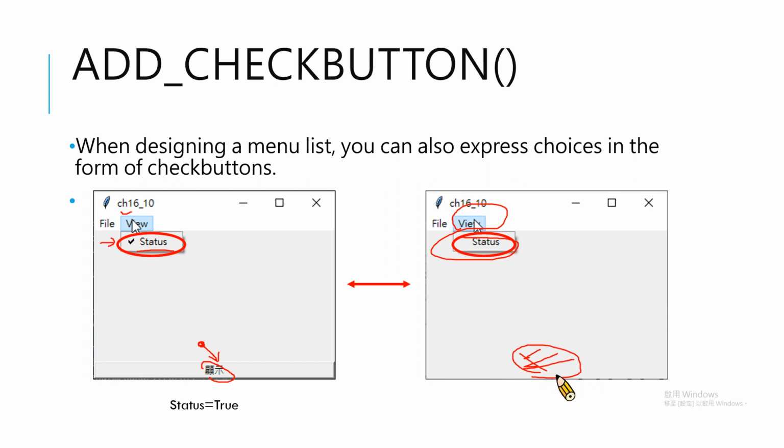The label will not be shown in the window. So here you need to learn how we hide a widget and how we show a widget, because depending on the check state of the status item, we need to show or hide the label.